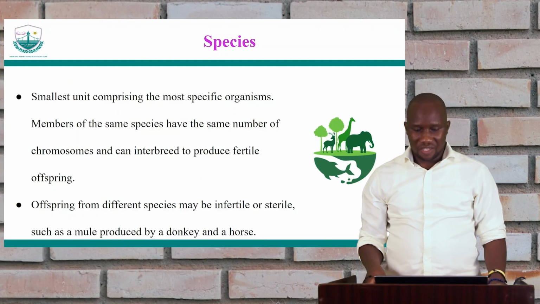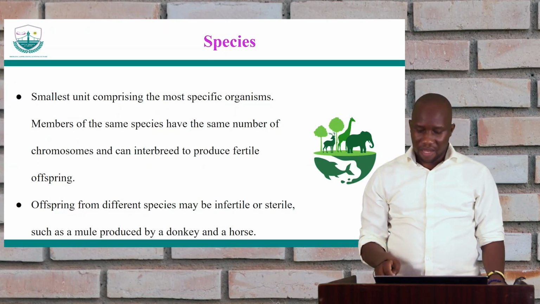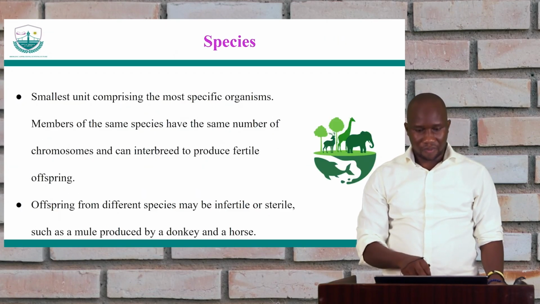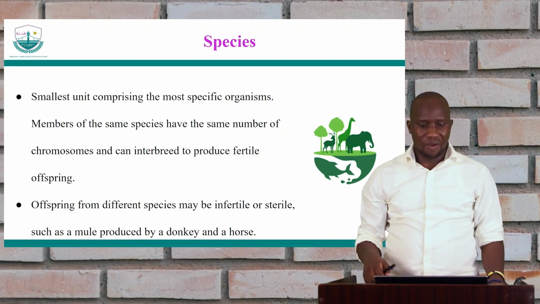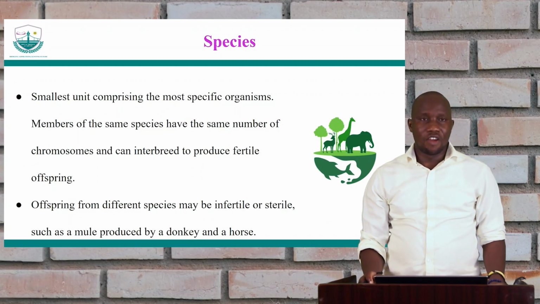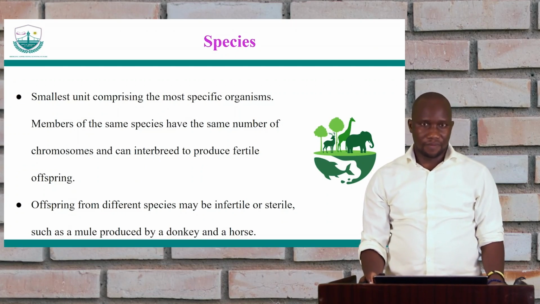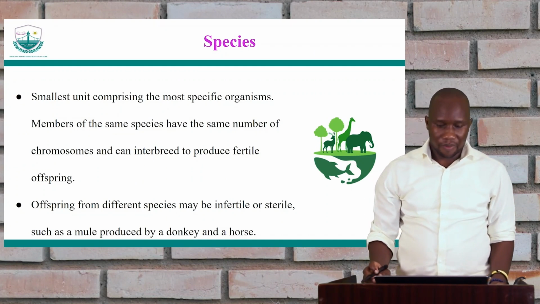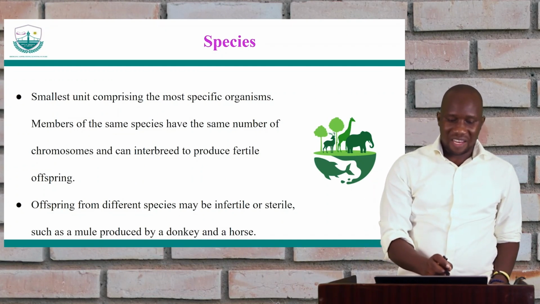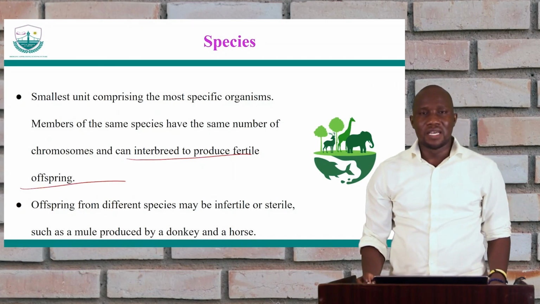So if we ask you what a species is, you can define a species as a group of organisms that can interbreed and produce viable offspring.